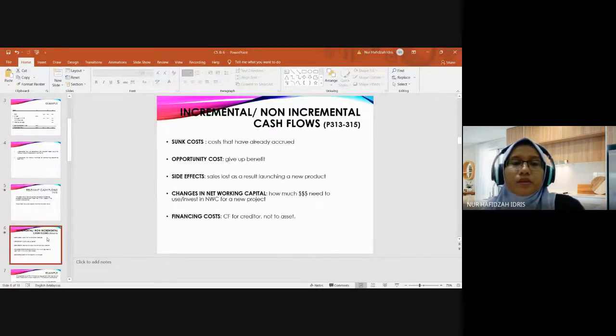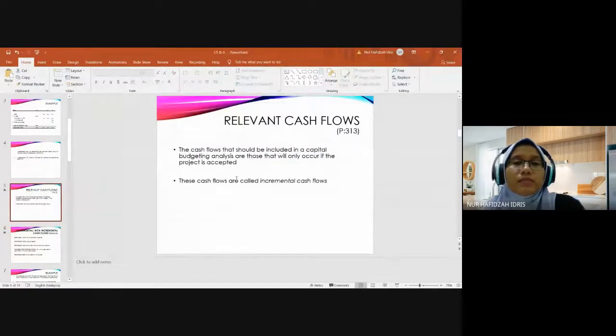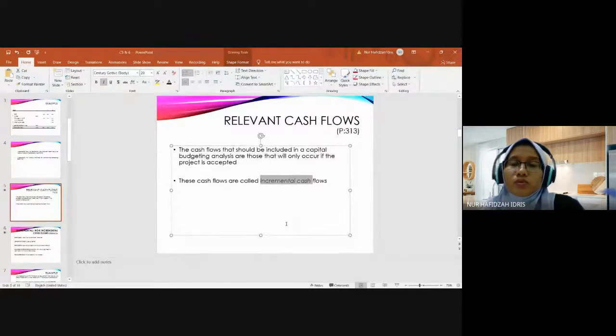For example, this is the difference between incremental and non-incremental cash flow. Incremental cash flow refers to the cash flow that only exists when you want to buy that particular asset. So what are the costs involved? What are the cash flows involved?